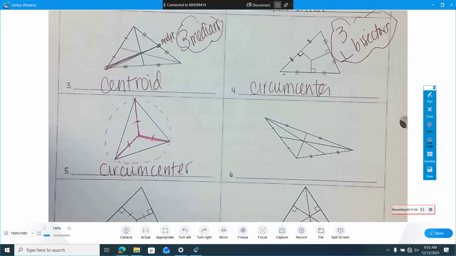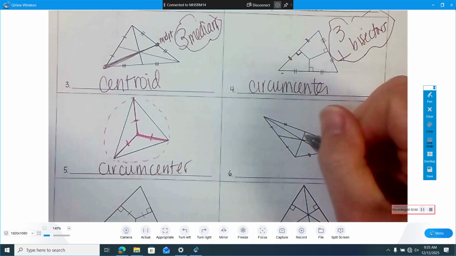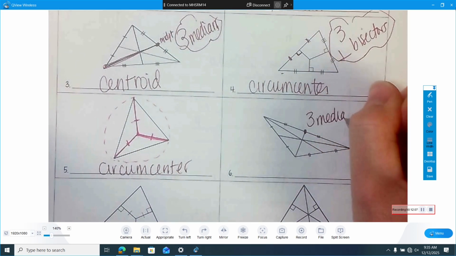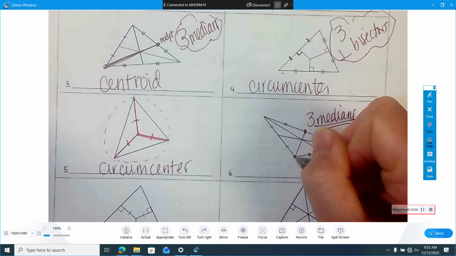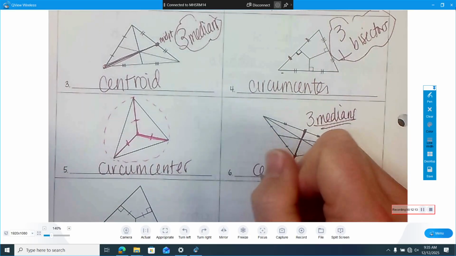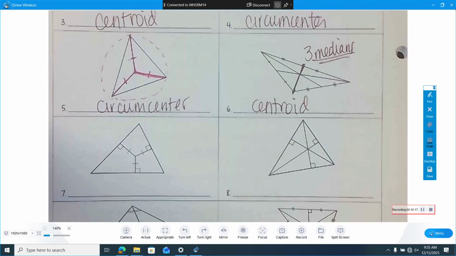All right, over here, centroid. How do you know it's centroid? It's just like number 3. This is 3 medians. 3 medians are going from a vertex to the midpoint of the opposite side. So this is also centroid. So number 7.